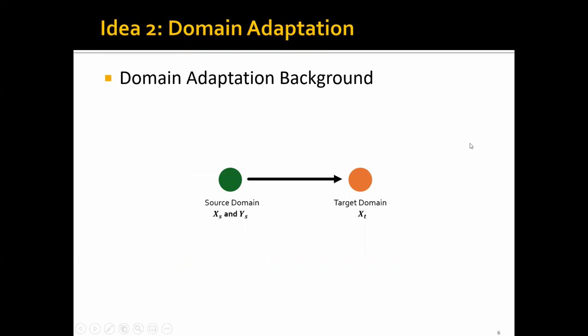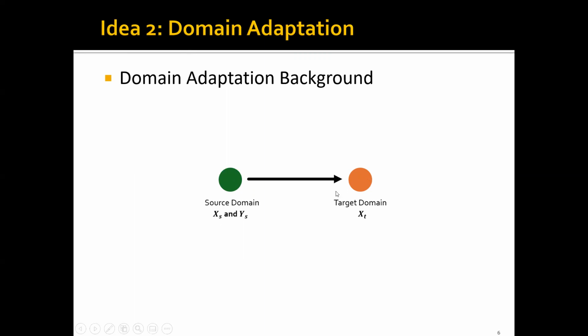And the second general idea is about domain adaptation. For those of you who are not very familiar with domain adaptation, here is a one-minute brief introduction. In a very traditional machine learning setting, we're given an X and we're trying to train a model to predict a Y, right? But in a domain adaptation setting, we have two domains: a source domain, which is a data set, and a target domain, which is another data set.